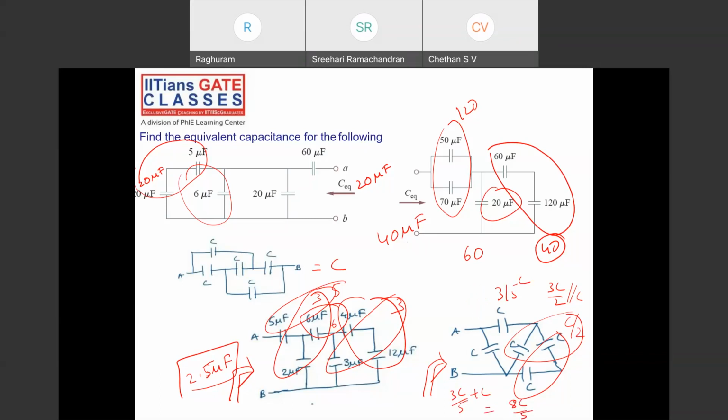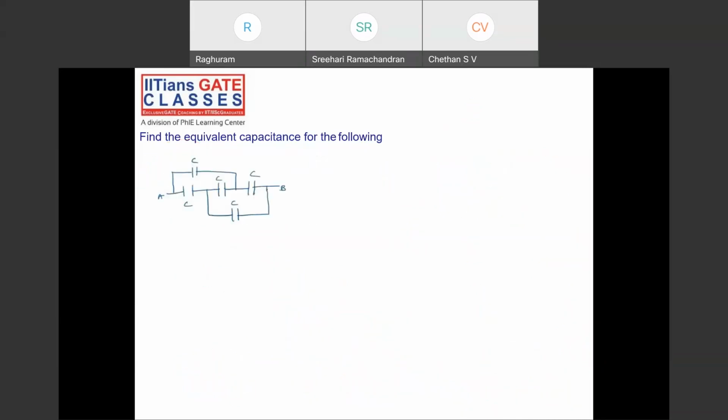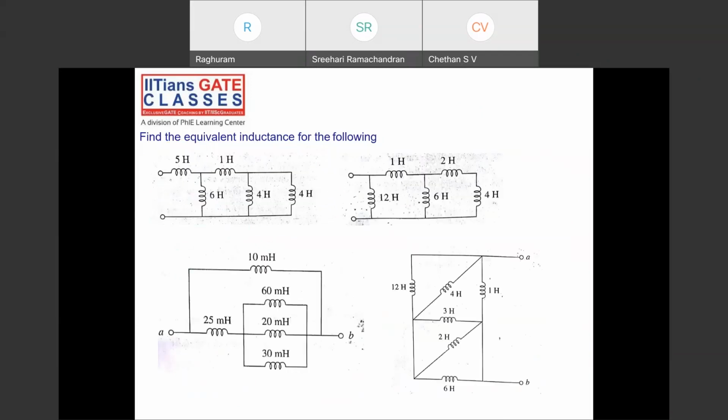Okay, 8C by 5. Clear so far? So similarly, inductance. Quickly. You can tell me the answers for inductance.